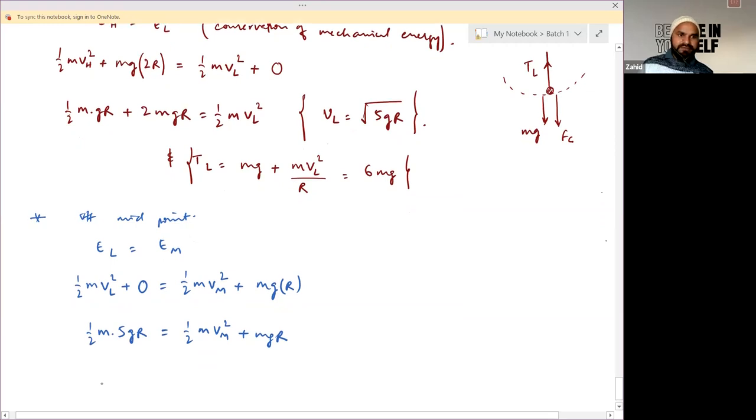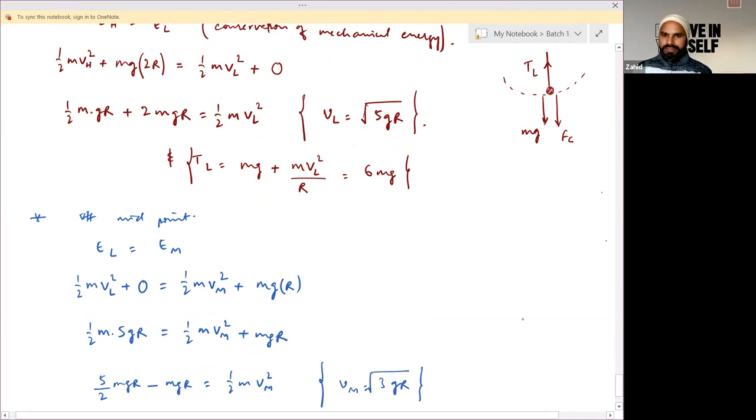You will get 5 over 2 m g r minus m g r equals half of m v_m squared. On simplifying, you'll get v_m equals root under 3 g r.